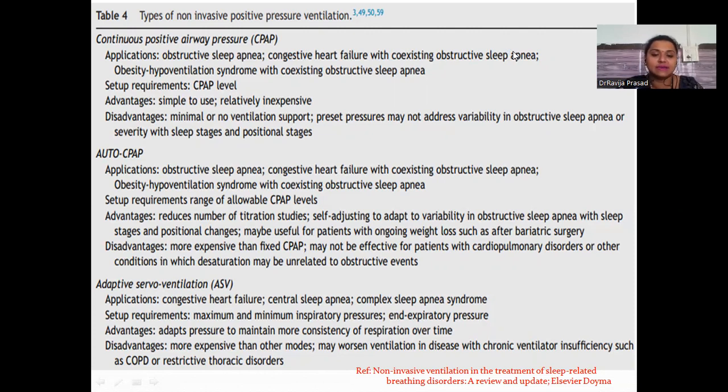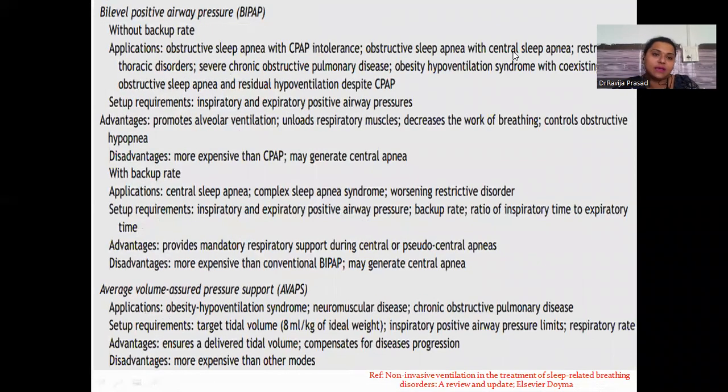and restrictive thoracic disorder. Now, the other is bi-level positive airway pressure, called BiPAP, without backup rate. Its application, this is used in obstructive sleep apnea with CPAP intolerance, obstructive sleep apnea with central sleep apnea, restrictive thoracic disorder, severe chronic obstructive pulmonary disease, obesity hypoventilation syndrome and coexisting obstructive sleep apnea, residual hypoventilation despite CPAP.